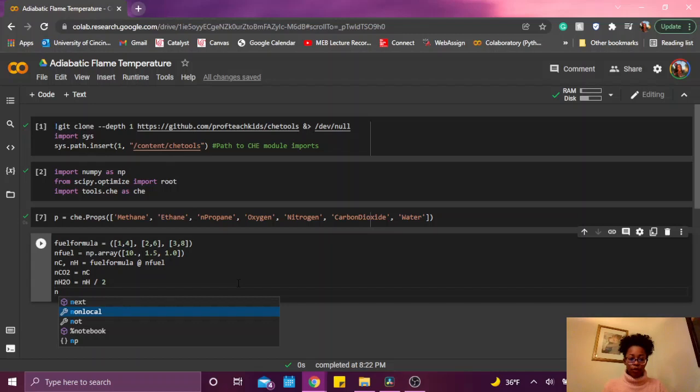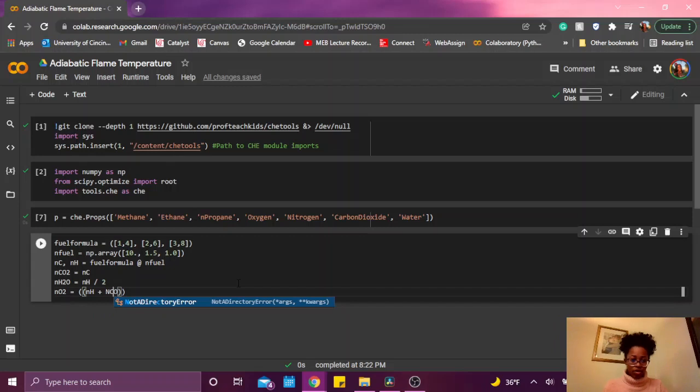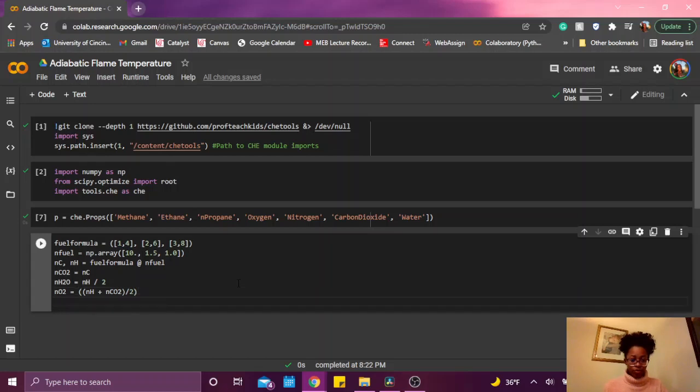And then for our moles of oxygen, it'll be the moles of carbon dioxide plus the moles of water divided by 2.